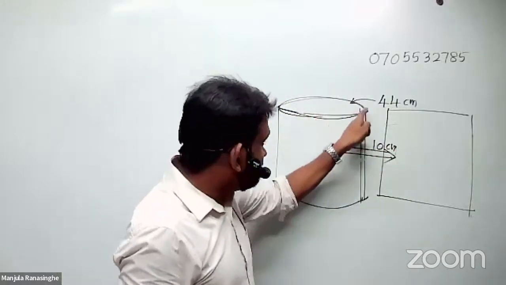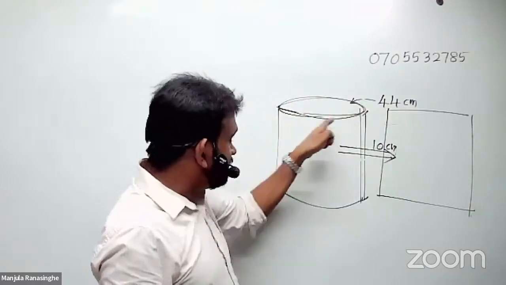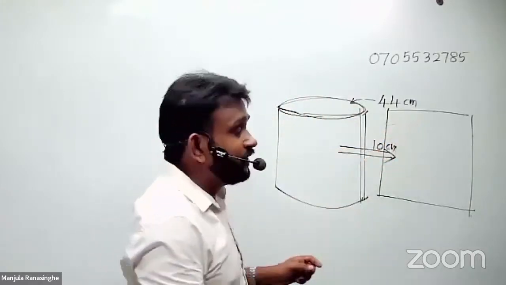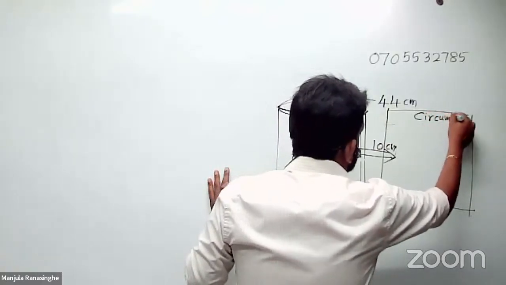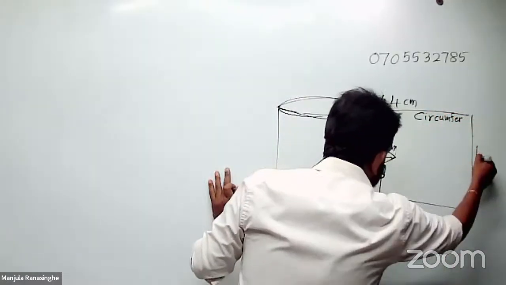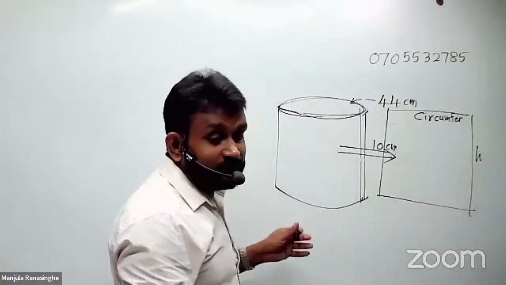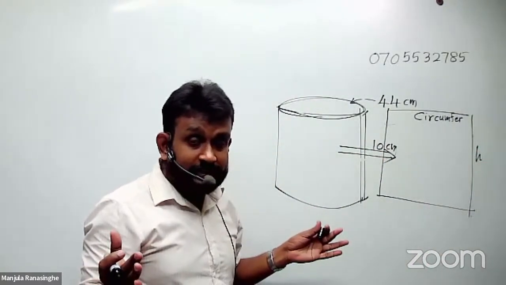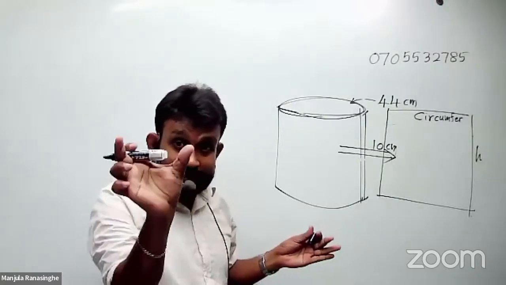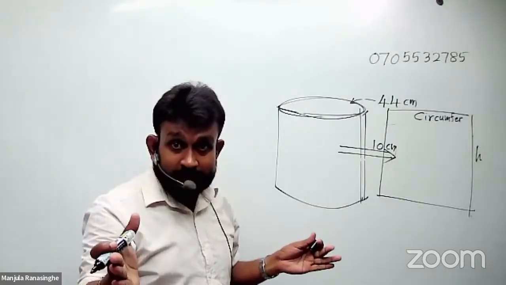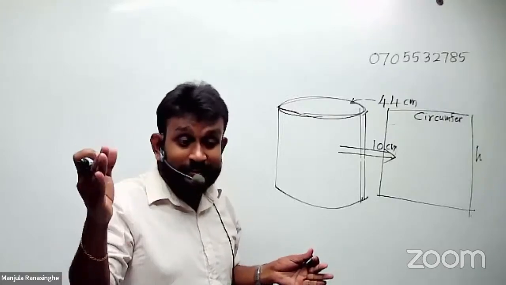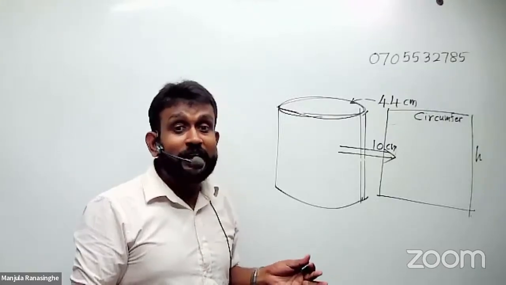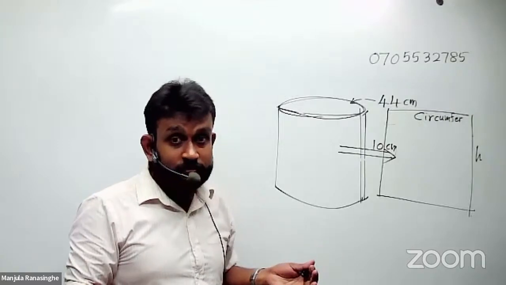This curved length is the circumference, that is 2πr, and this is the height of the cylinder. So how to find the curved surface area in another way without the formula? Circumference into height. With the formula, if you substitute for the circumference 2πr, 2πr into h, 2πrh. That is how the equation is built up.